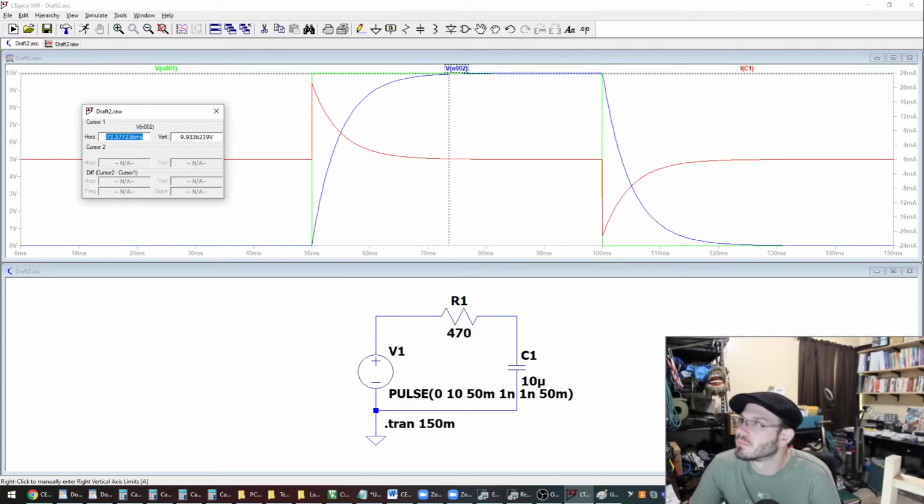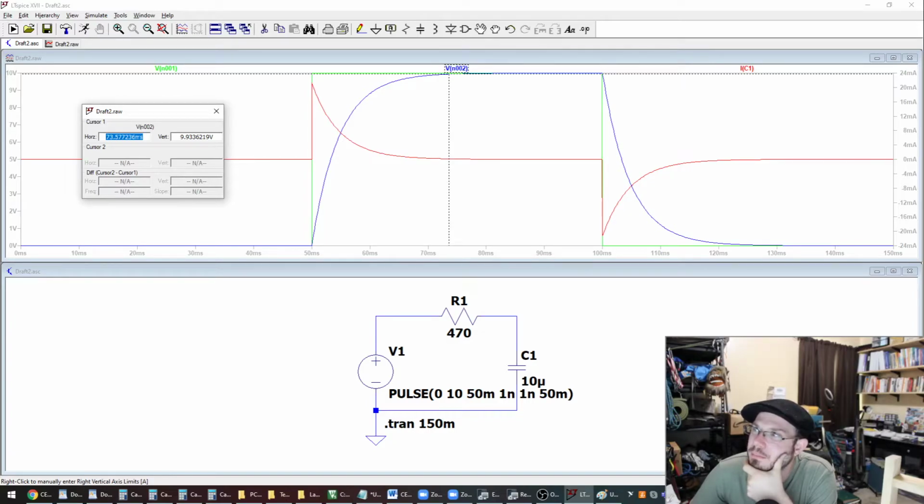Now, current looks a little different only because the scale is not matching the percentage. What's the max current going through this circuit? It happens at time 0, right?